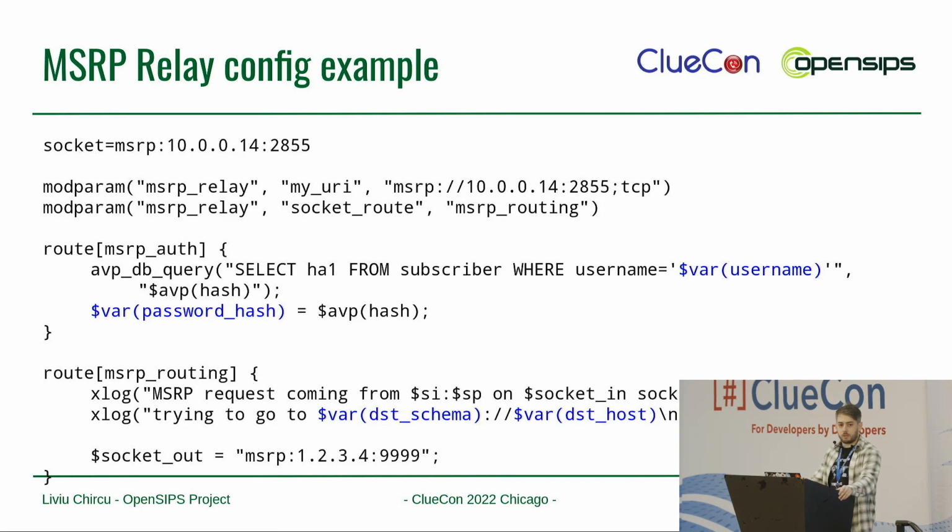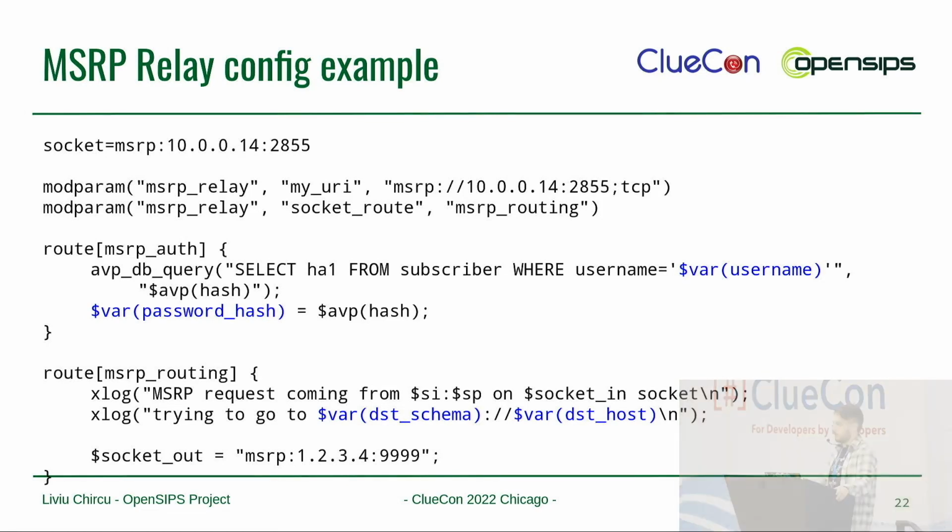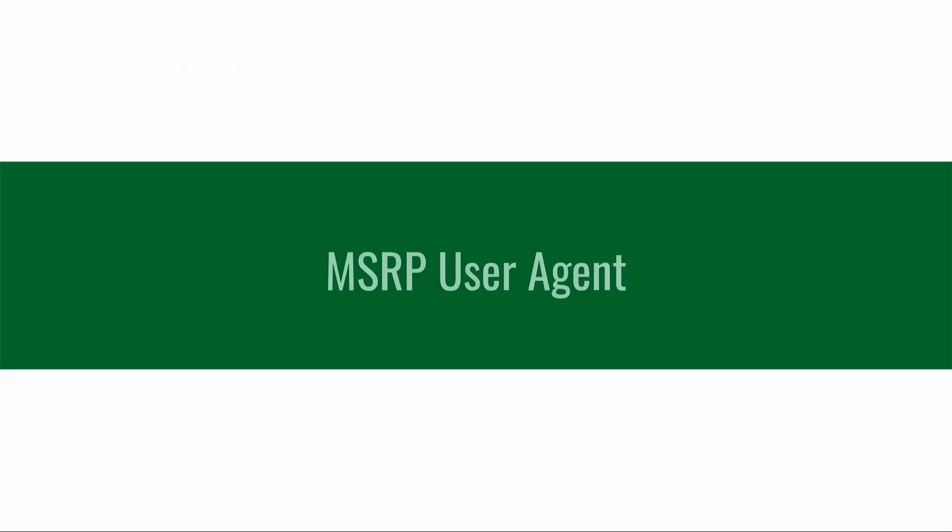So if you've done that with the right www challenge functions and provisioning, that same code is being reused for this authentication as well. So you should be comfortable setting it up. And on the egress, there is also a route helping you take decisions and giving you access to the message that is being sent out. So that's the relay.